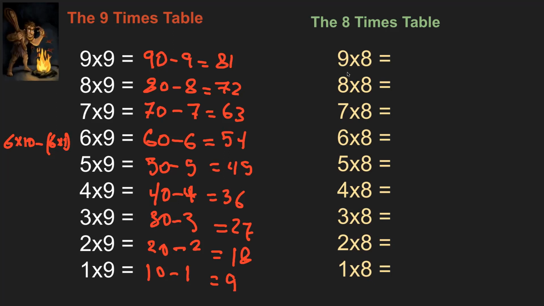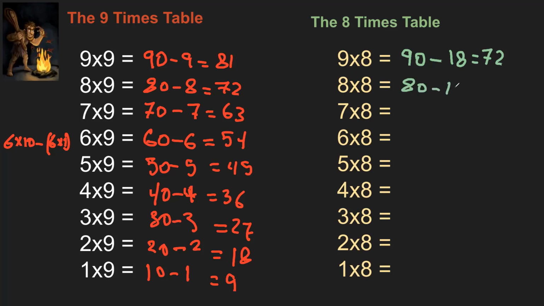What we're going to do with the 8 times table, you look at the number that you're multiplying into 8, you multiply it by 10. So 9 times 10 is 90. And then you don't take away 9, you take away double the 9, which is 18, and it gives you 72. Does that work for all of them? 8 times 8 is 80.